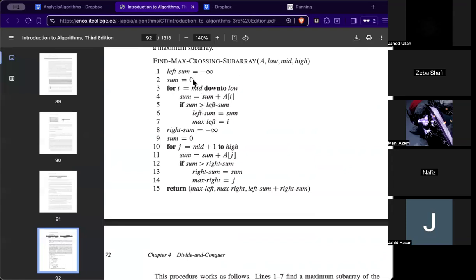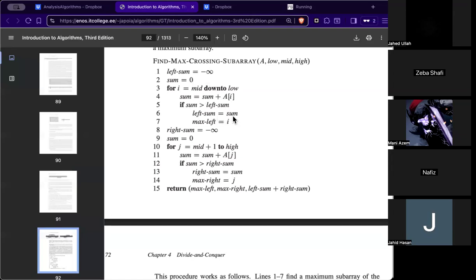Now, let's suppose that we had a situation that did not work that way, right? So let's suppose that we have maybe sum is 33 and left sum is 23, right? So in that particular case, sum is 33, left sum is 23. We say that left sum now becomes 23.